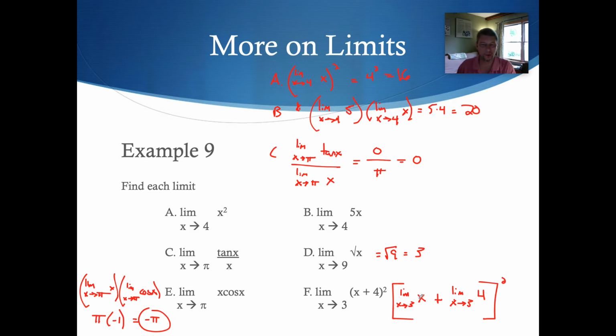Well, the limit as x approaches 3 of x is simply 3. The limit as x approaches 3 of 4 is 4. 3 plus 4 is 7, and 7 squared is 49. All right, and so those are those 6 values.